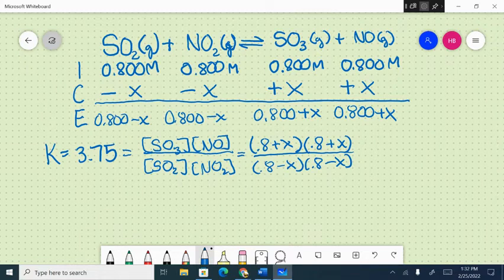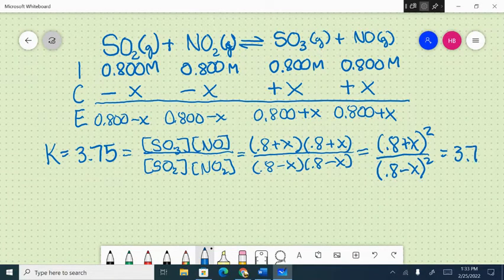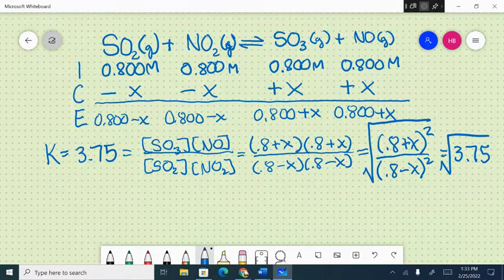So let's look at a pattern here for those of you who are looking for a shortcut, which would be me. I can recognize that pattern, and now my problem becomes a little bit easier because I don't necessarily have to FOIL. What I can do is take the square root of each side.